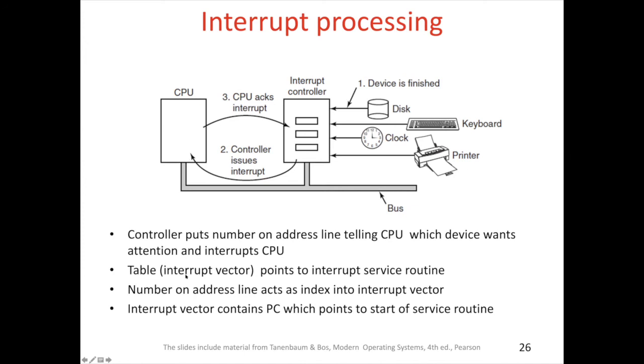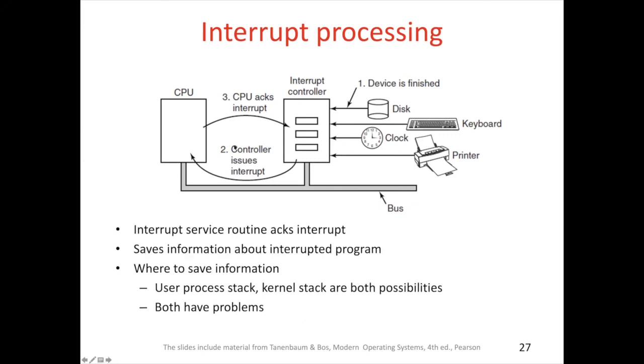The table, the interrupt vector, points to the interrupt service routine. The number on the address line acts as an index into the interrupt vector. The interrupt vector contains the PC, the program counter, which points to the start of the service routine. The interrupt service routine acknowledges the interrupt and saves information about the interrupted program.